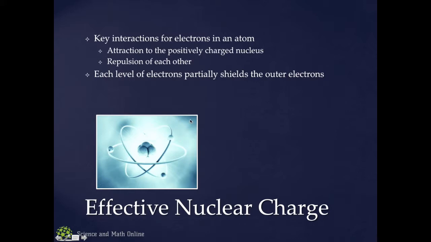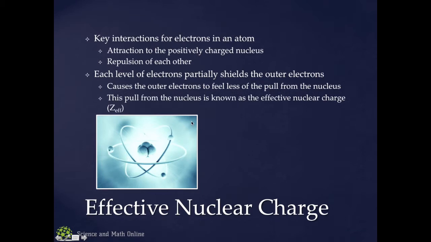All right? And so these out here feel less pull, and we call that the effective nuclear charge, or how much of the nucleus are they feeling? How much of that charge are they feeling? And it is given the symbol ZEFF. I don't know why, but that is the symbol that is given for effective nuclear charge.